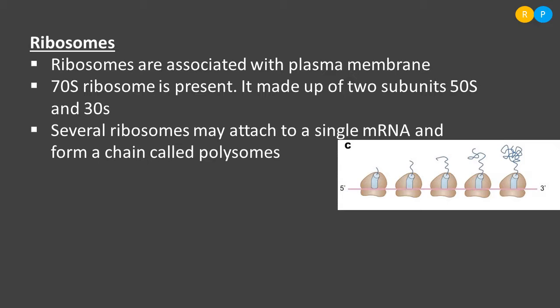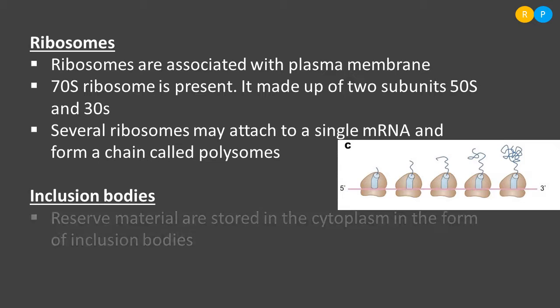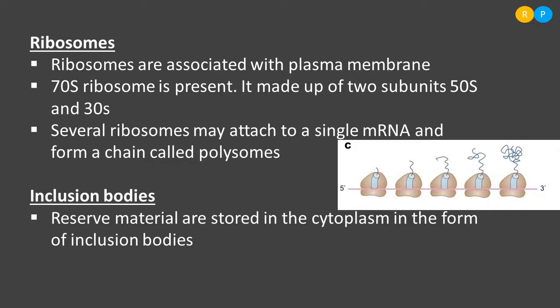Understood? Yes. And the bacteria also store food material in different forms. So inclusion bodies are the reserve materials in the prokaryotic cell. These reserve materials are stored in the cytoplasmic region in the form of inclusion bodies.